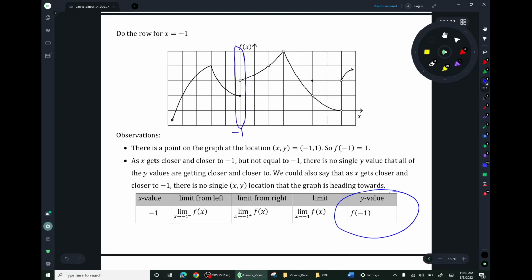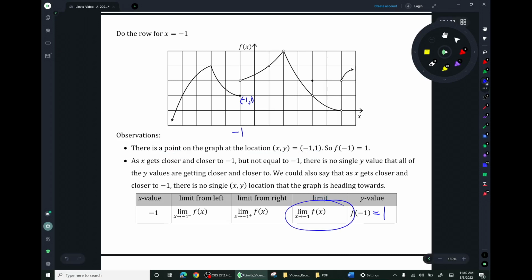And we see that on that grid line, there is this point at the location -1, 1. So that tells us that f of -1, that is the y coordinate, is the number 1. So we put a number 1 in this cell. So there's our point on the graph at the location x, y equals -1, 1.